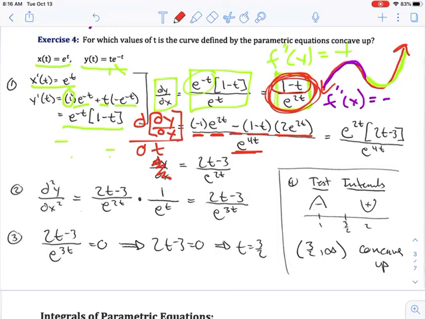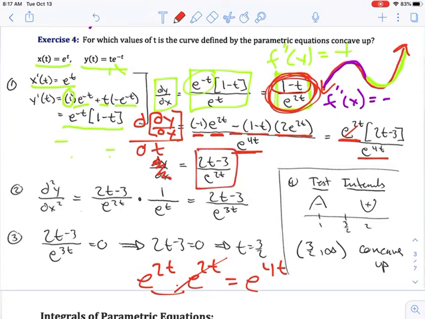And then cleaning that up, we can factor out an e to the 2t from the numerator, and we have an e to the 4t in the denominator, so that can be simplified. e to the 4t can be thought of as e to the 2t times e to the 2t. When you multiply bases, you add the exponents, so that becomes e to the 4t. And so e to the 2t cancels with one of those, and we end up with this.